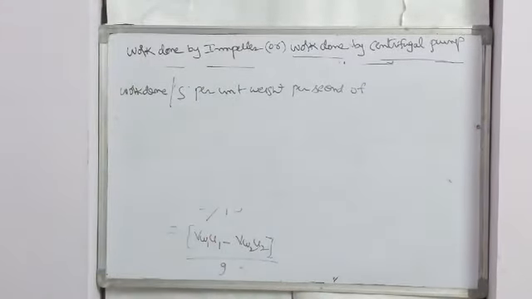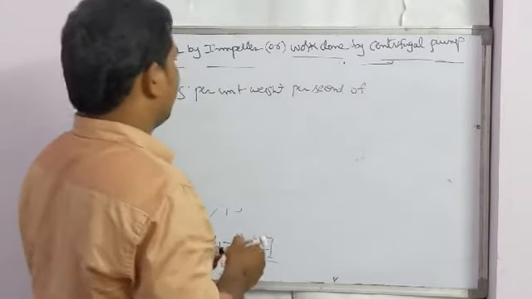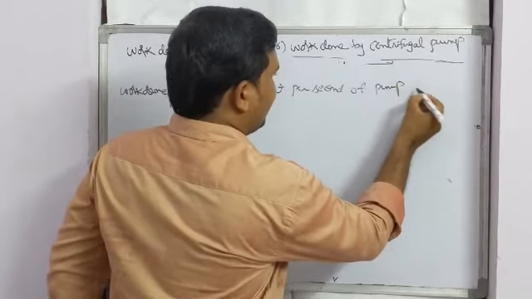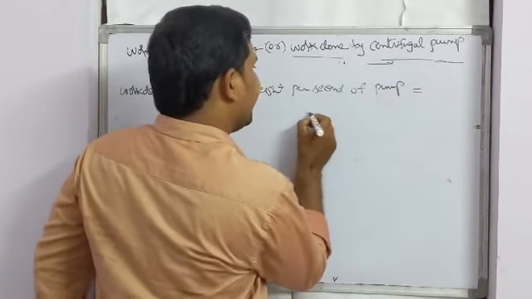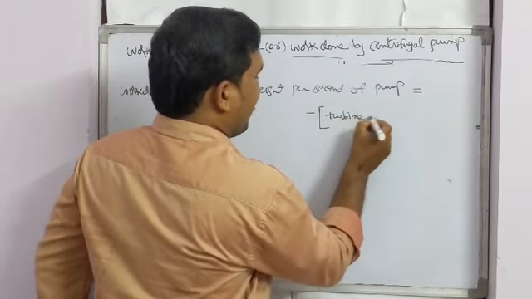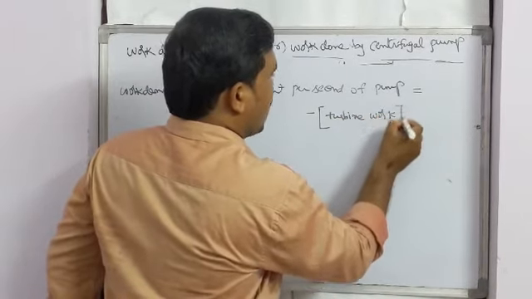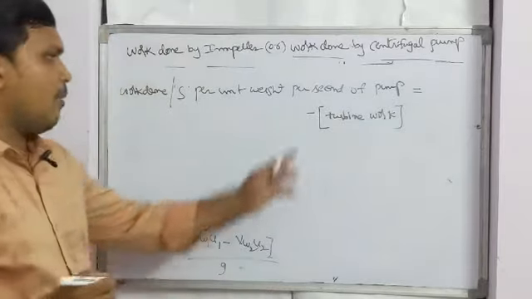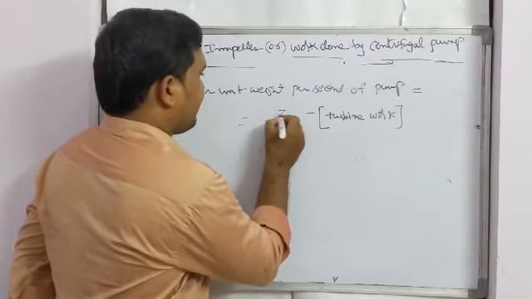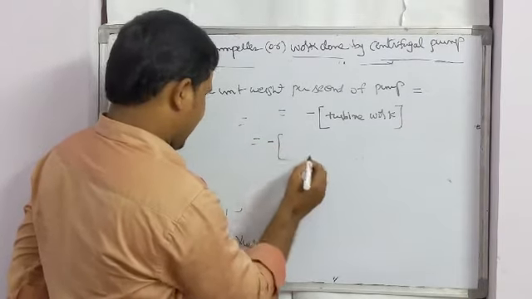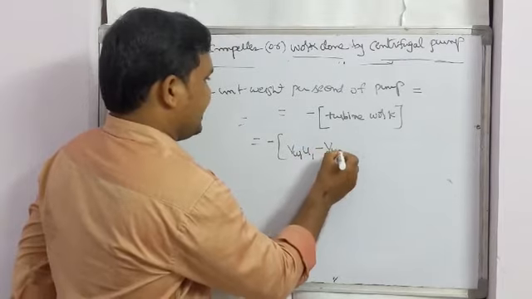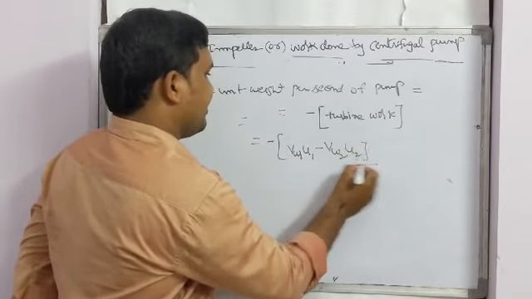Work done per second per unit weight per second of the pump: the pump work is always the negative of the turbine work, opposite to the turbine work. Opposite means negative, so minus of turbine work, which is (VW1 U1 minus VW2 U2) divided by g.